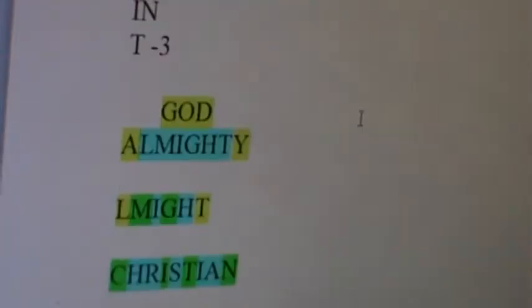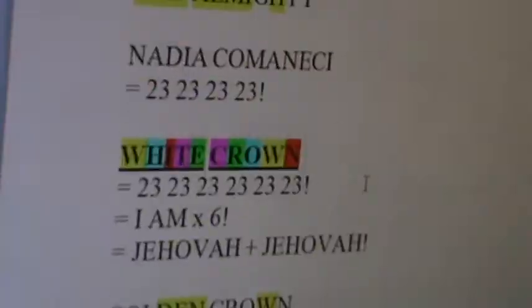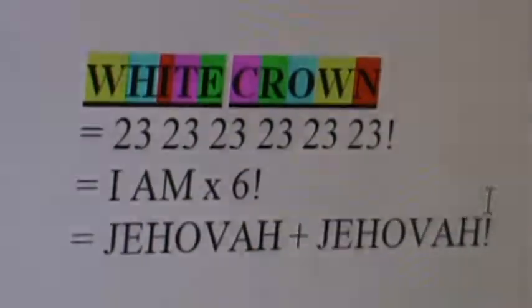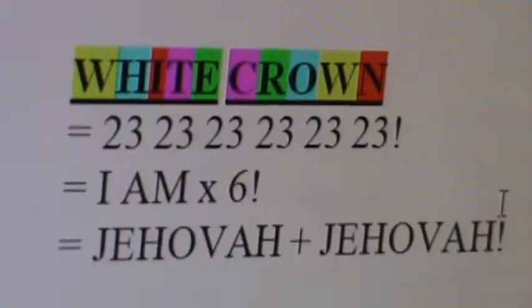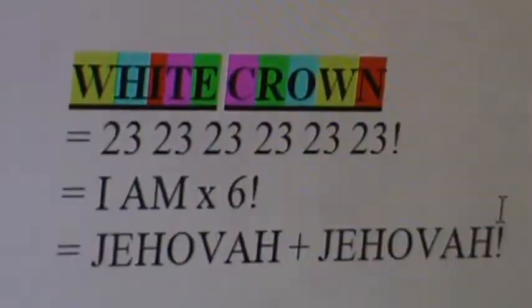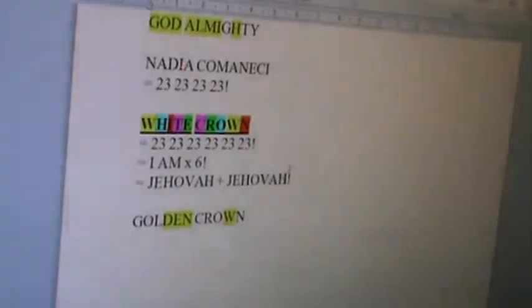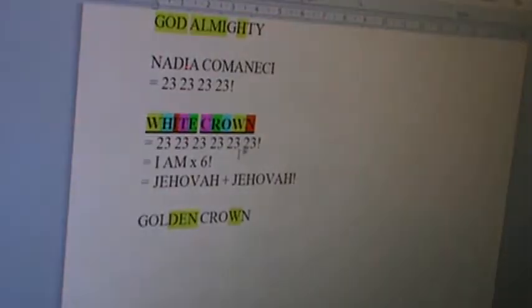We're so excited by these finds that it's just all over the place. But there's the painting, our official painting of white crown with the 623. Stare at it, memorize it, pass this video on to friends. This is amazing revelation for the glory of God. And so a white crown can refer to his white hair. The hair of his head is the crown.